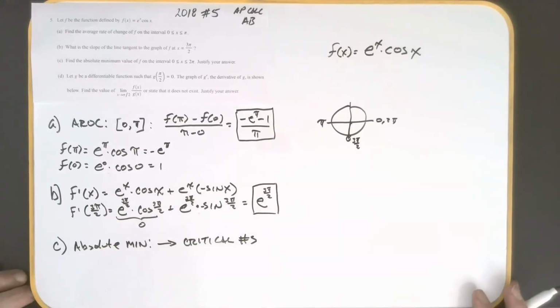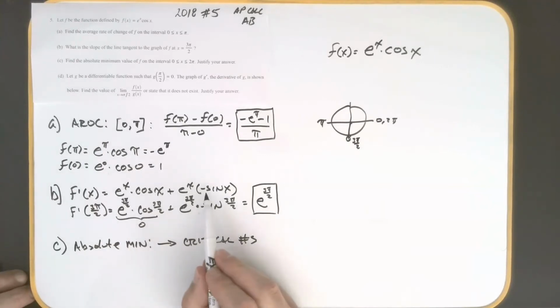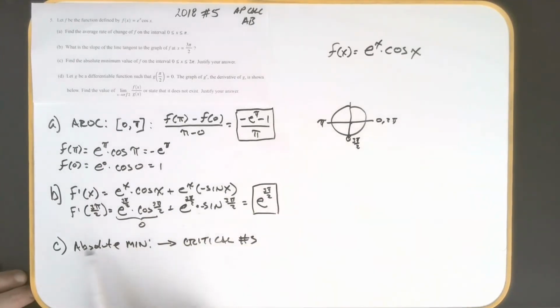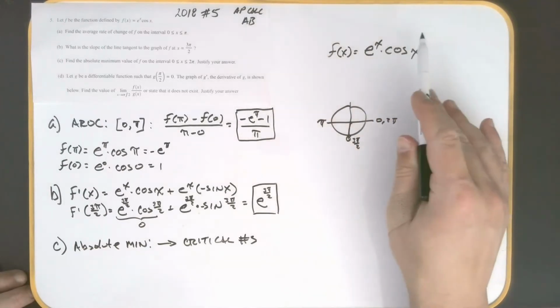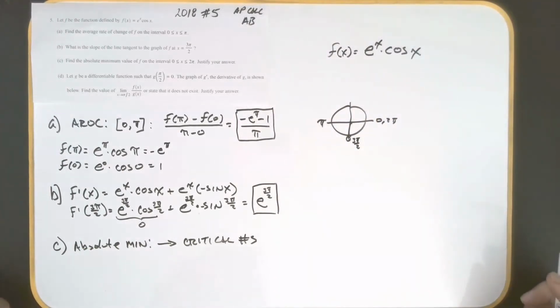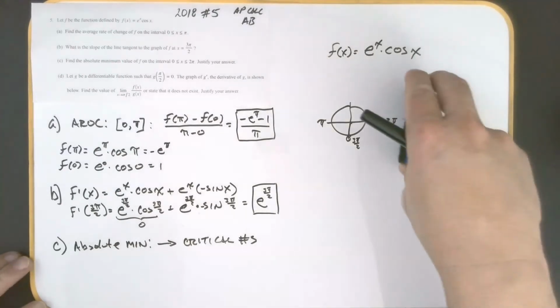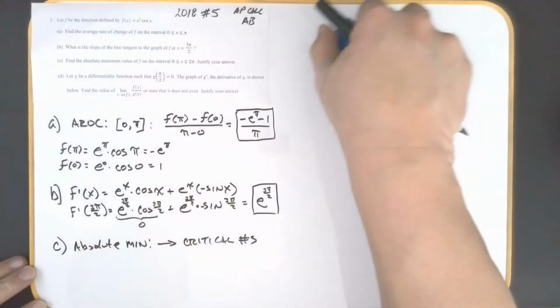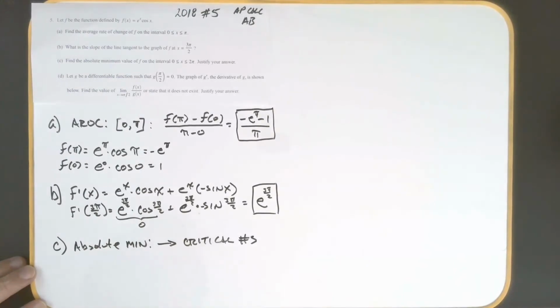And so first we have our derivative up here, and I'm going to move my work here because we're running out of space. And just so we have it to refer to, let me rewrite the original question right here.